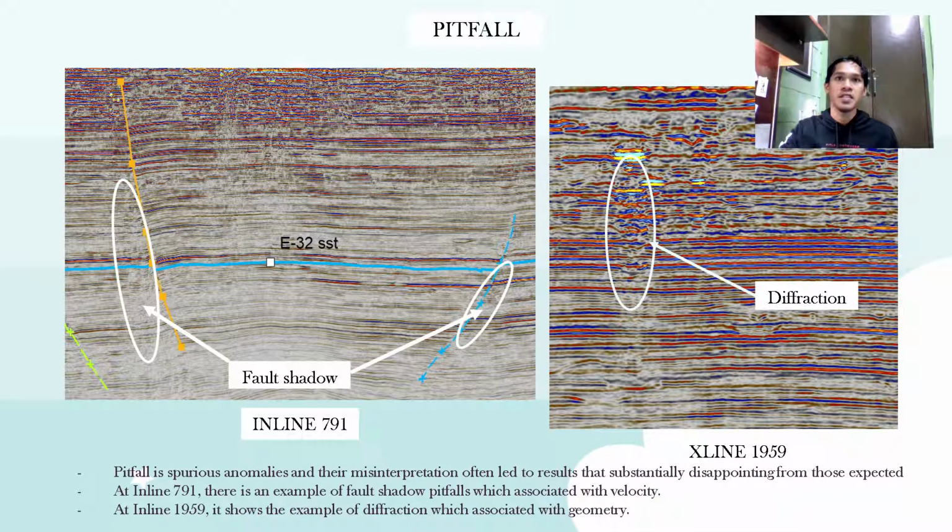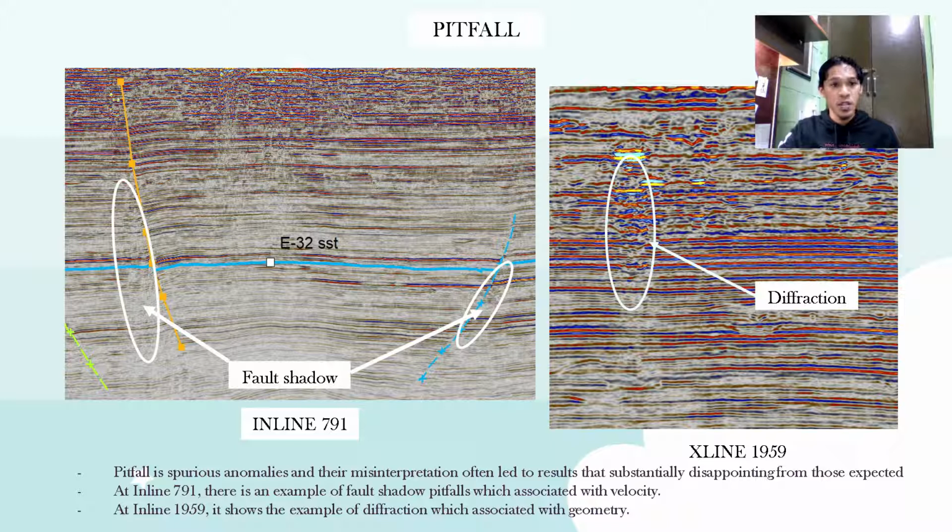The next stratigraphy is the pitfall. The pitfall is the spurious anomalies, and they can mislead the interpretation of the seismic data. Pitfall can be associated with velocity, geometry, or recording and processing. And we can see at the inline 791, we can see the fault shadow pitfall which is associated with the velocity.